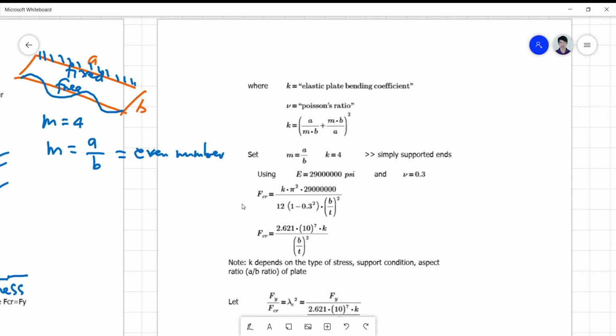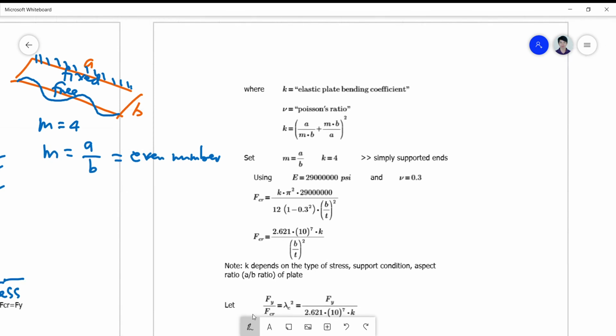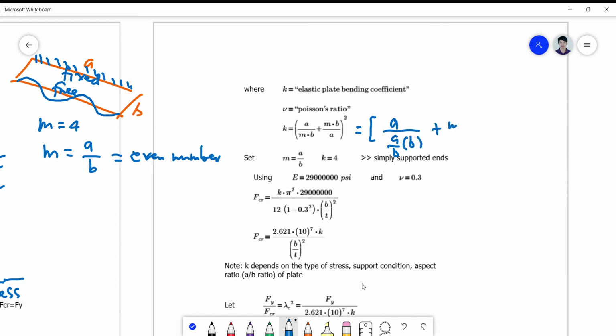If I set my M, my multiple number of half waves, to be A over B, then exactly my K is equal to 4, which refers to the simply supported, because this will just come up with a value A, then A over B times B plus M, plus A over B times B over A. Okay, so squared, so you get 1 there, 1 here, 1 plus 1 becomes 2 squared, so this is 4.